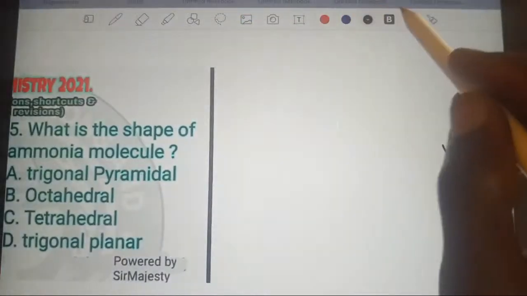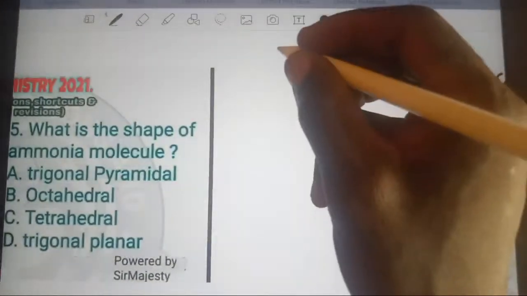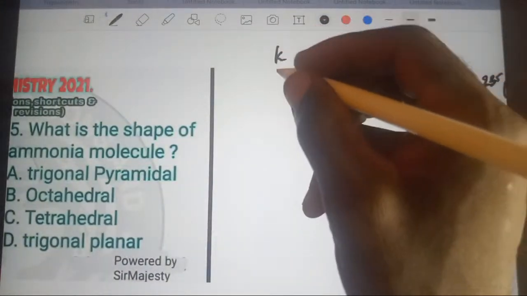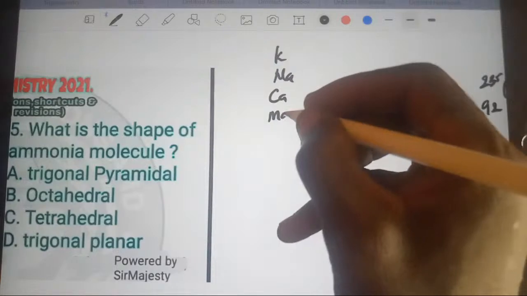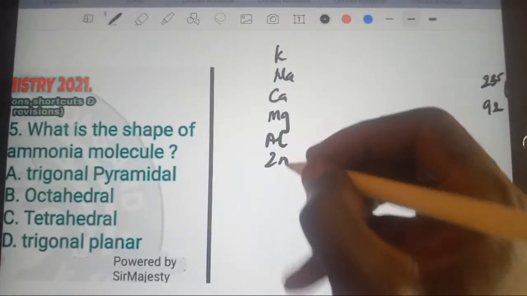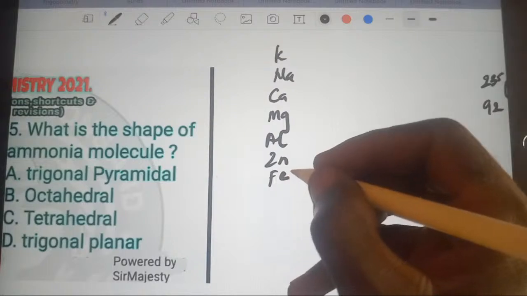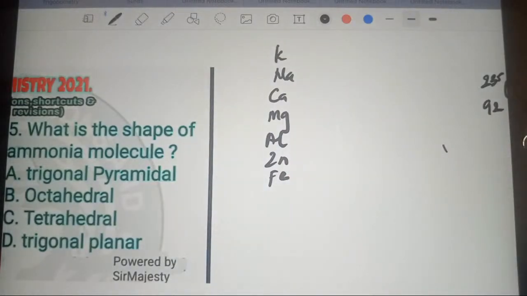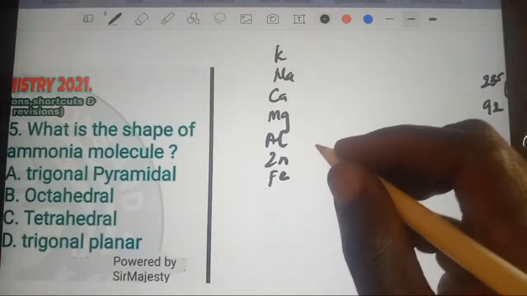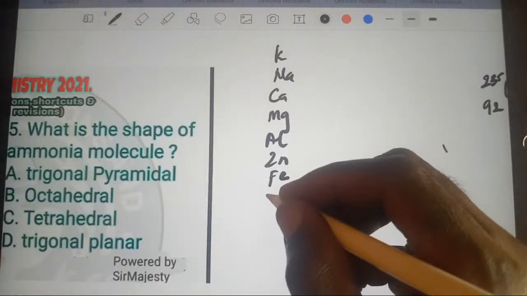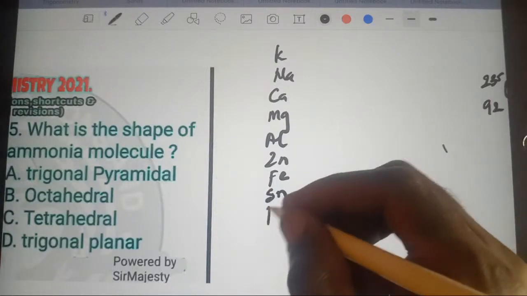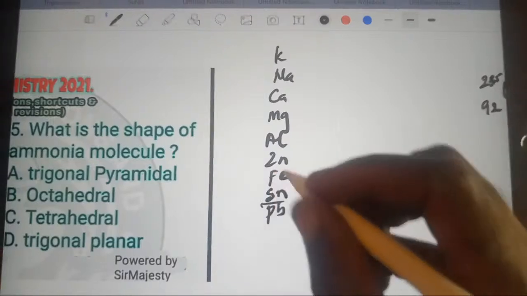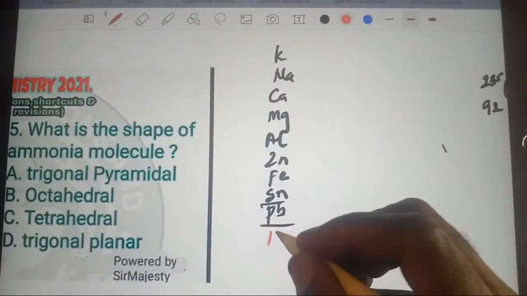The activity series should be potassium, sodium, calcium, magnesium, aluminium, zinc, and iron, then tin. After iron we have tin. Then we have lead. After lead we have hydrogen, which is just there as a control.